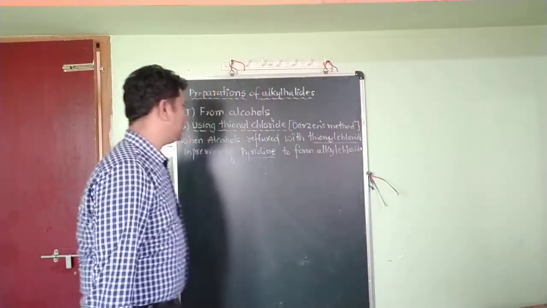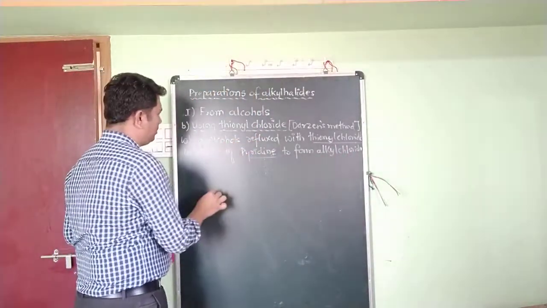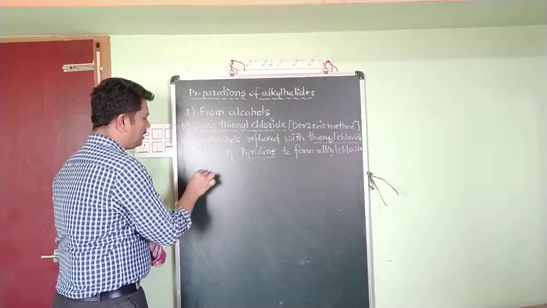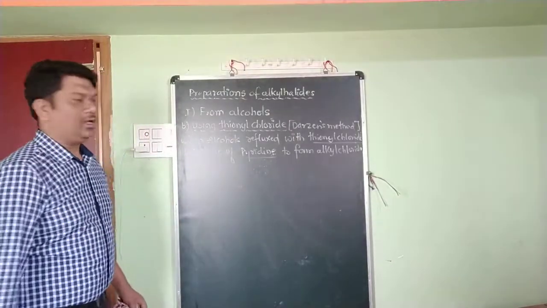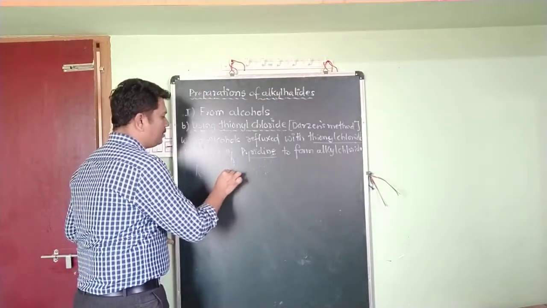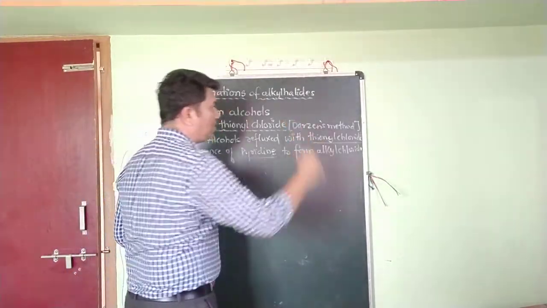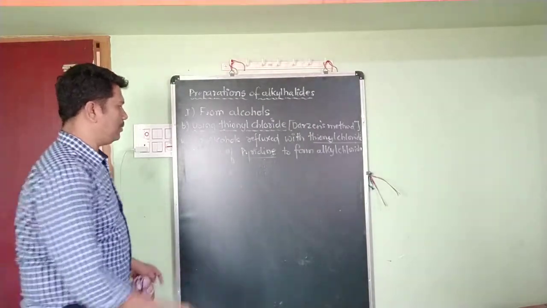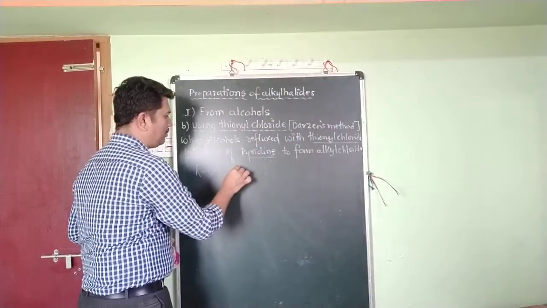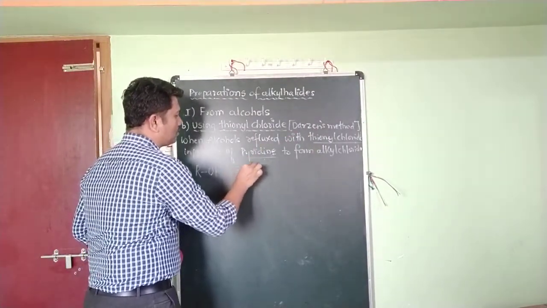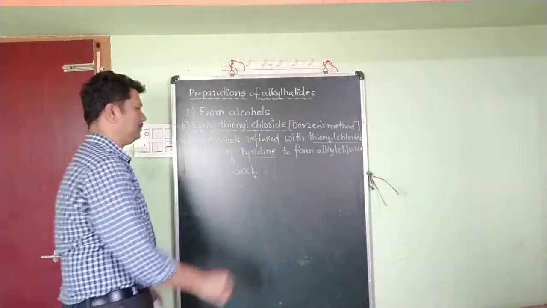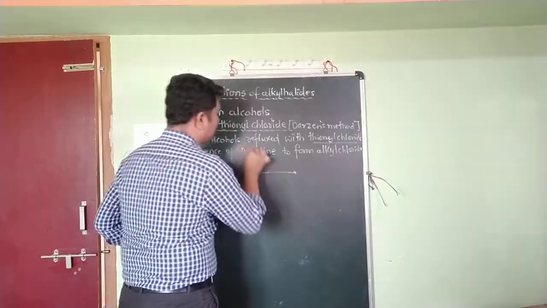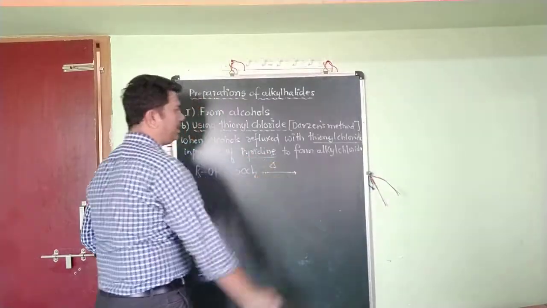See how to write the reaction here. Alcohols, you know, are organic compounds having the general formula ROH. When alcohol is refluxed with thionyl chloride, which is a very important compound, the formula of thionyl chloride is SOCl2. Reflux means you have to make it boil.